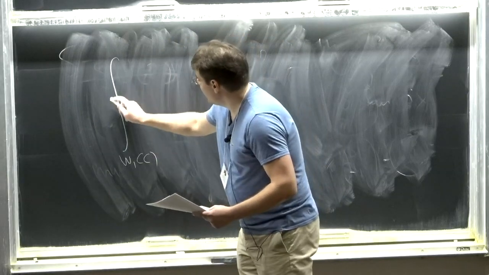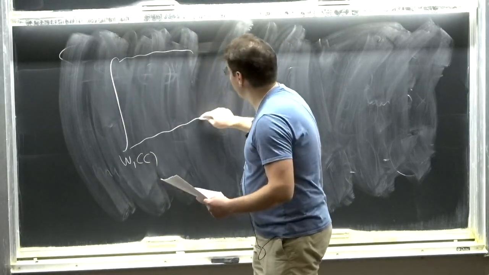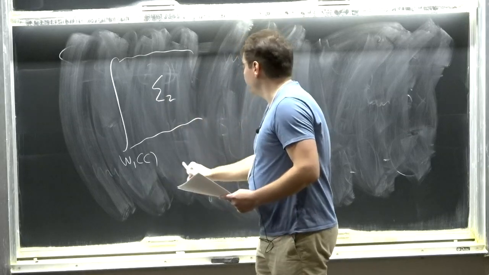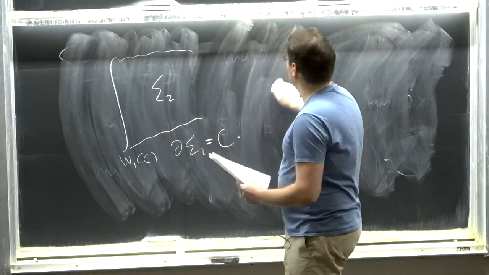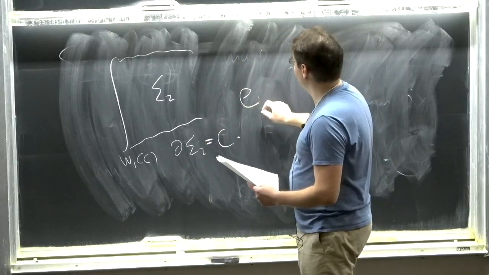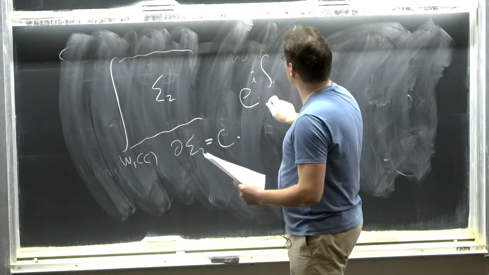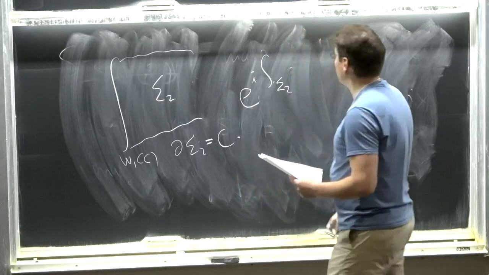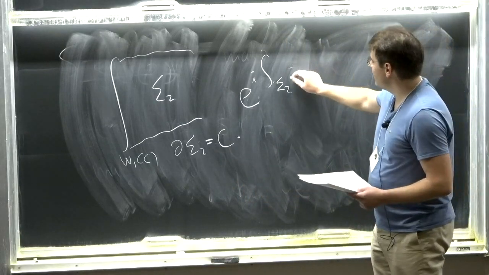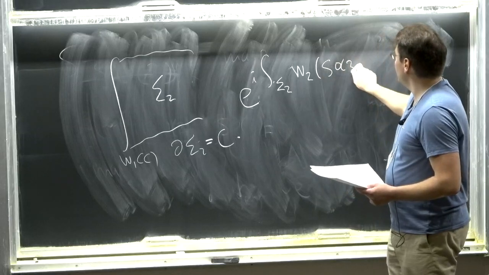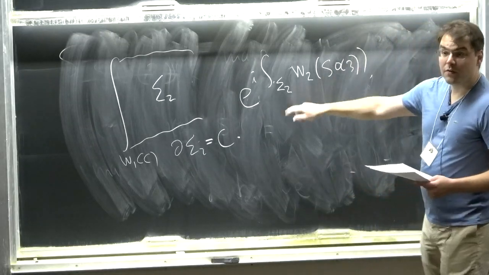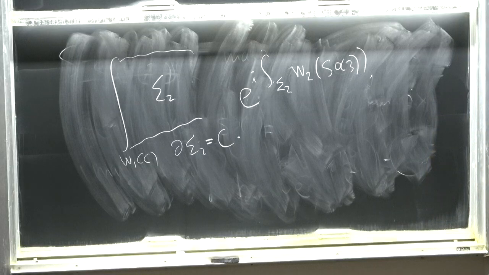This is the curve C. We attach an open surface whose boundary is C. And then we declare that in the presence of an SO3 background gauge field, this surface has attached on it the integral of this W2 of SO3 over the surface sigma 2. Sorry, there should be a pi here.